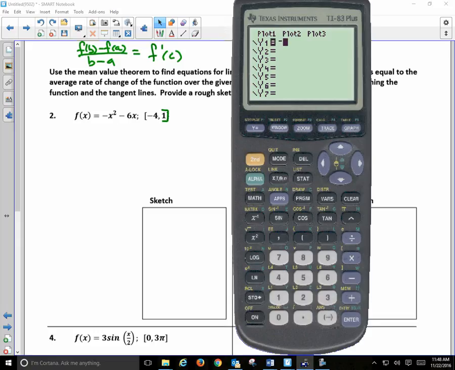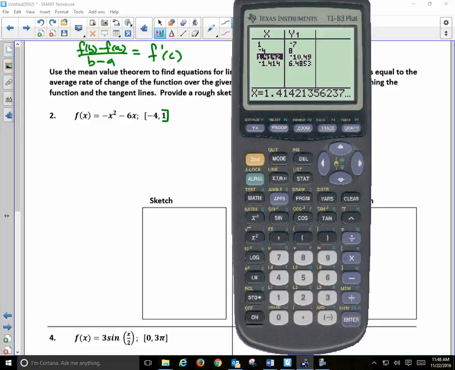I have negative x squared minus 6x. I go to my table and I type in 1 and negative 4. So I have negative 7 minus 8 over 1 minus negative 4, or negative 15 over 5. So I have negative 3.